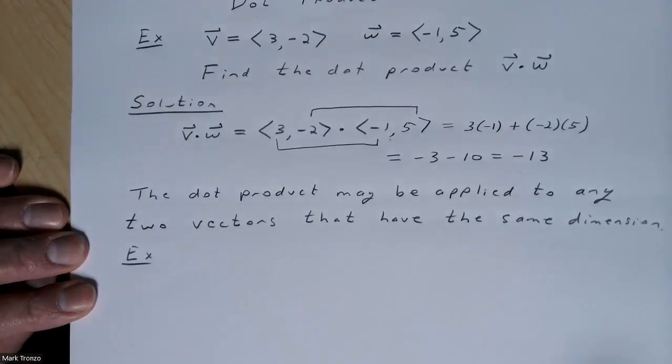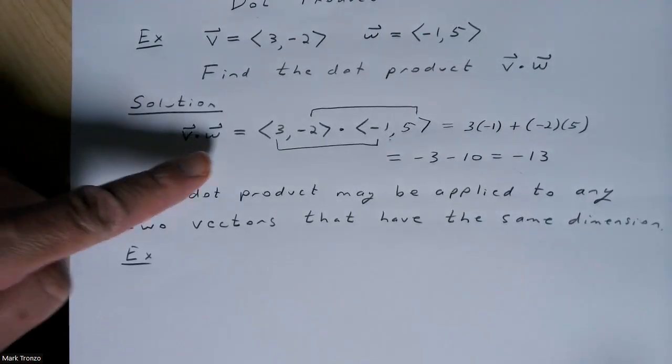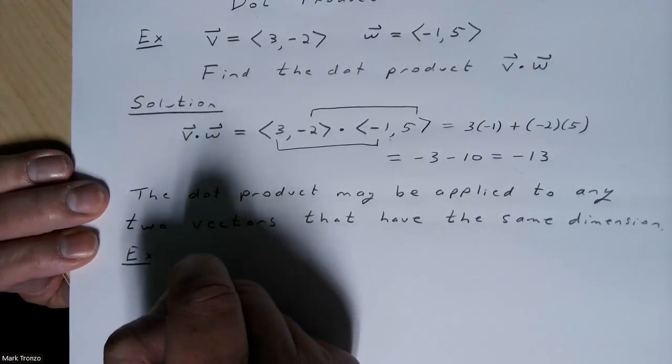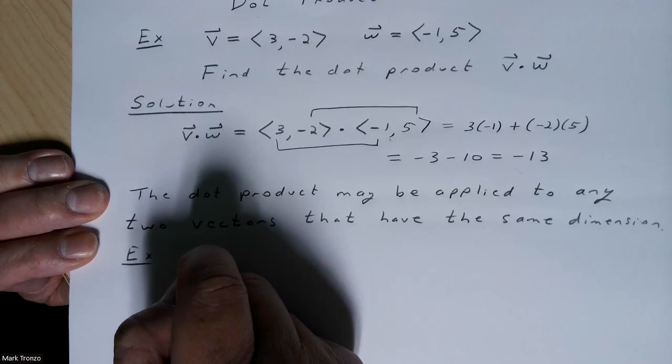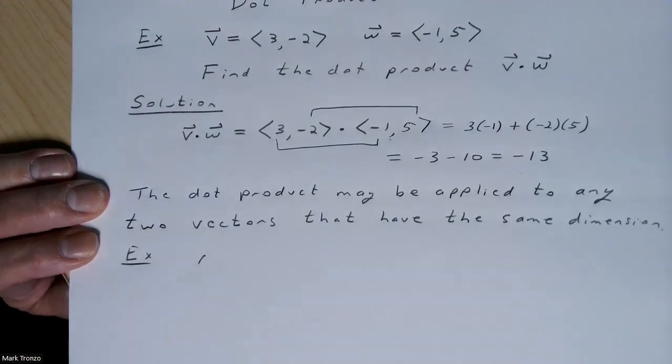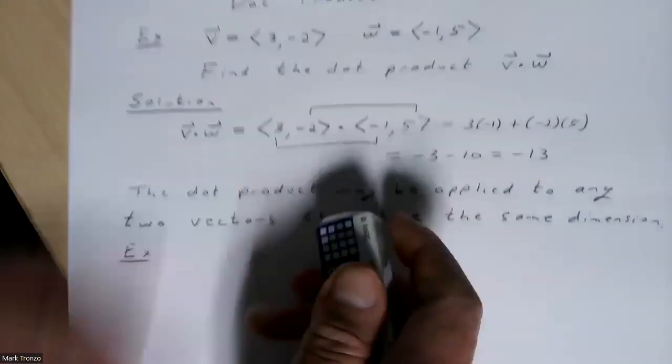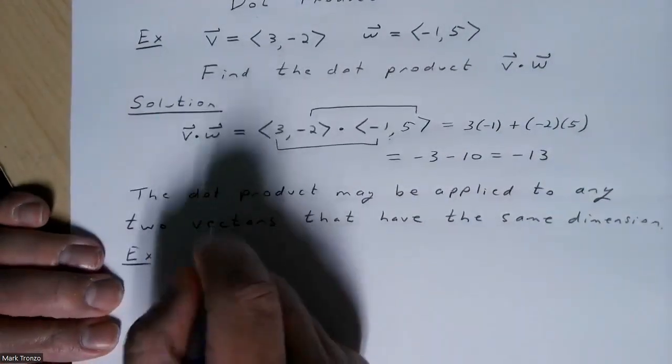Once again, remember, we have different notation for vectors. Sometimes vectors might be represented with the IJK notation. So we might have a couple of vectors, maybe like this.